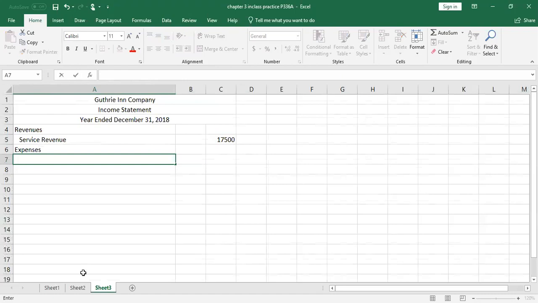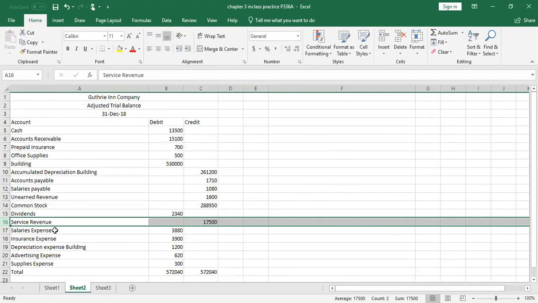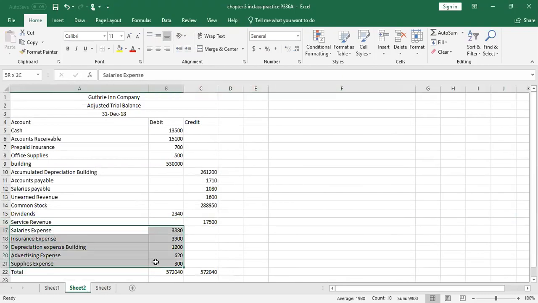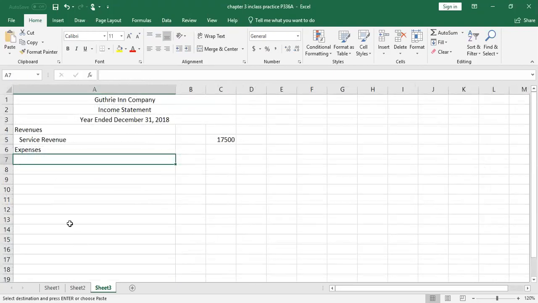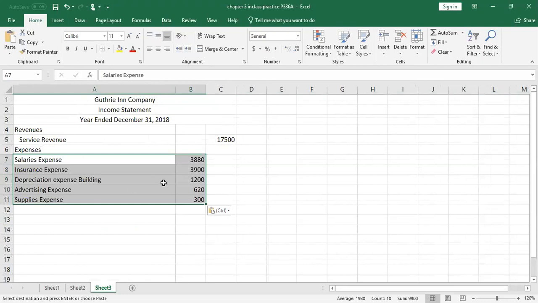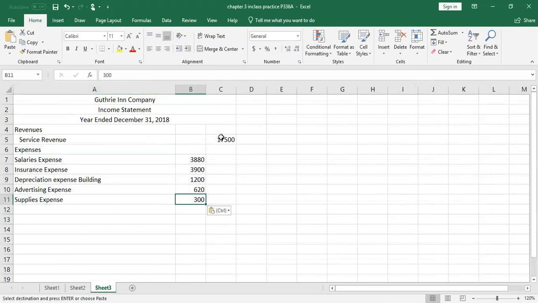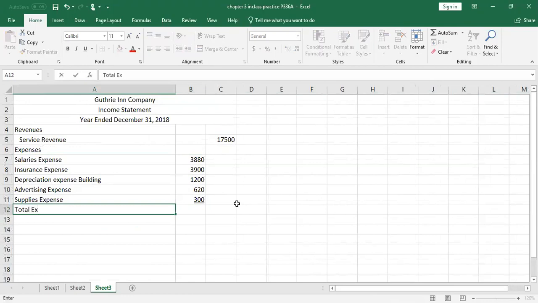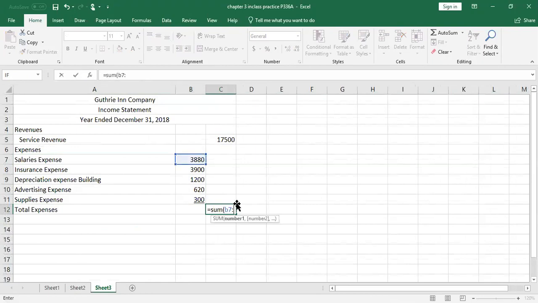I'm going to come back over to my adjusted trial balance, and I'm going to cheat a little, and I'm going to copy and paste my expenses. And then I'm going to add my expenses up and label total expenses.